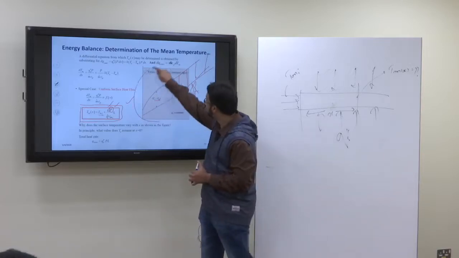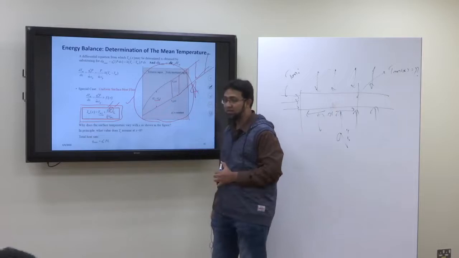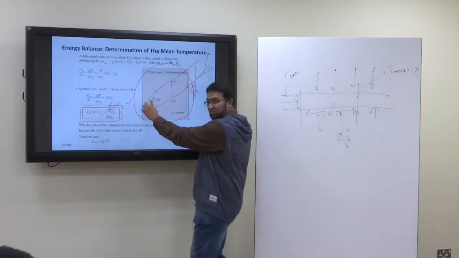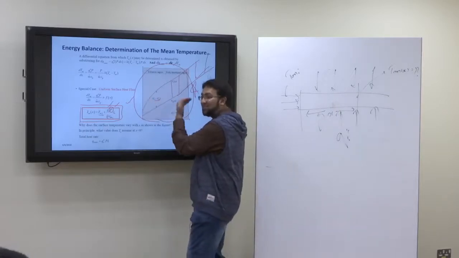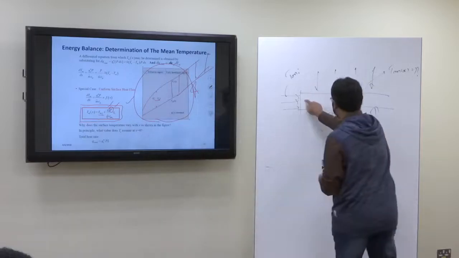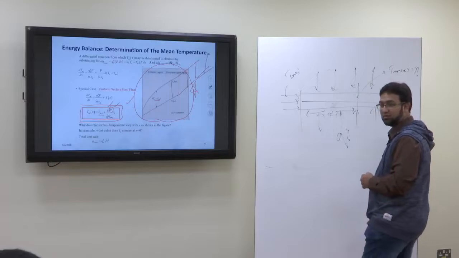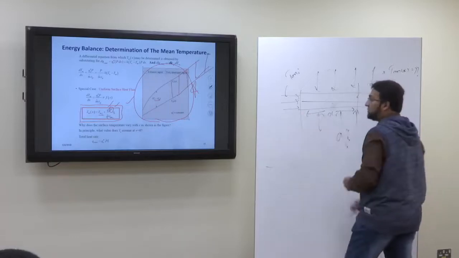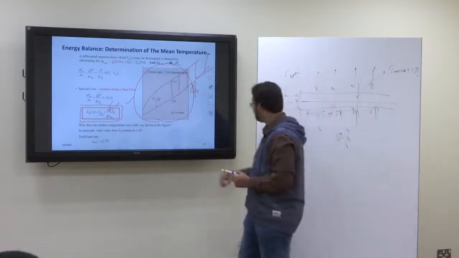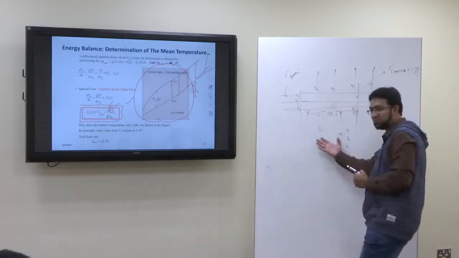This graph is basically the temperature variation in the axial direction. This is the axis of the pipe, right? In the axial direction, temperature variation for the constant heat flux case.